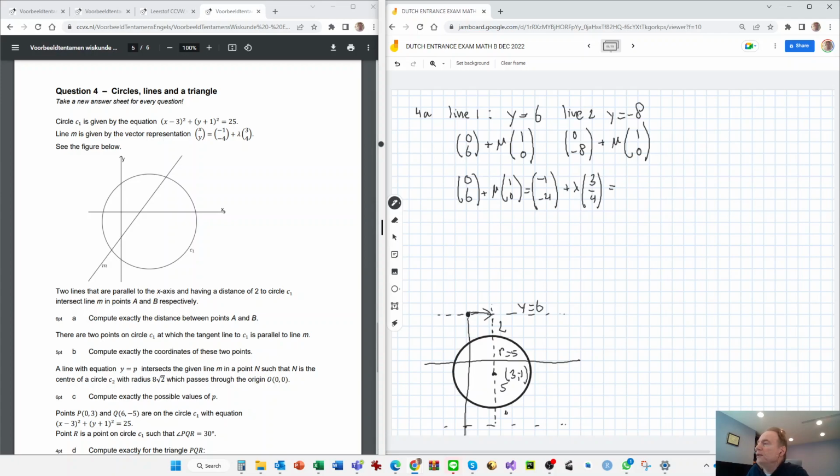So that leads to mu equals -1 plus 3 lambda, and 6 equals -4 plus 4 lambda.